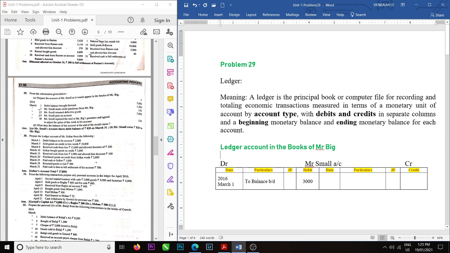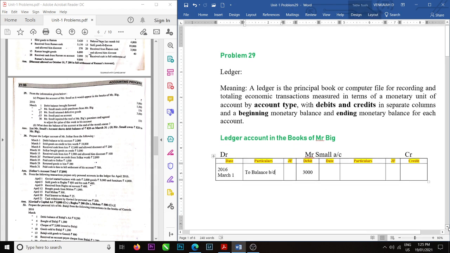Think about we are Mr. Big. Mr. Small made credit purchases from Mr. Big. Mr. Small purchased from us, so we sold goods to Mr. Small. We pass journal entries, later we will write.